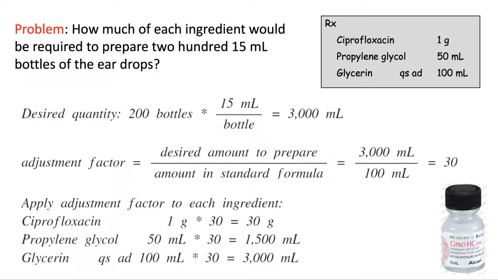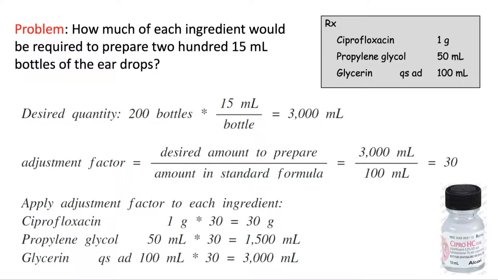The recipe calls for 1 gram, and I included the units there. Because remember, my adjustment factor doesn't have units. It doesn't change the units. All it does is change the numeric value. So 1 gram times the adjustment factor, which we calculated to be 30, means that I need 30 grams. Remember to carry over the unit. So 30 grams would be needed for my revised batch volume.